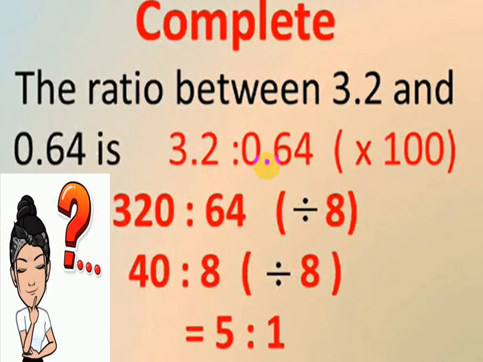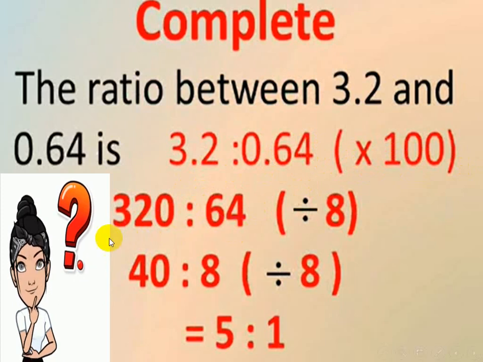So we will multiply both of them by 100. 3.2 times 100, you will get 320. Very good. 0.64 times 100, you will get, very good, 64.